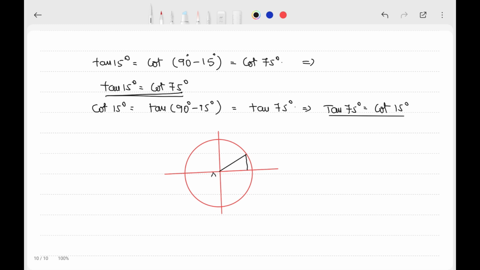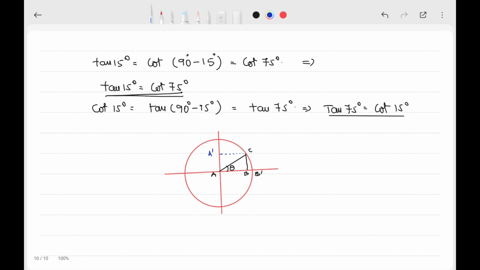This is A, this is C, this is B, this is B dash, and this is the theta. I have already explained you this. This is, let us say, A dash.